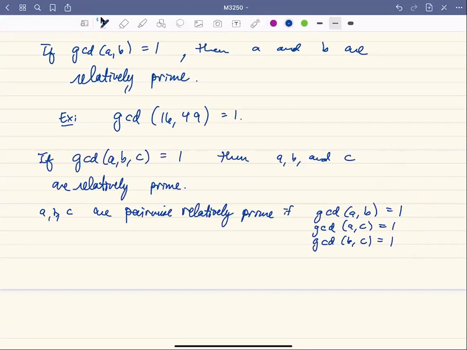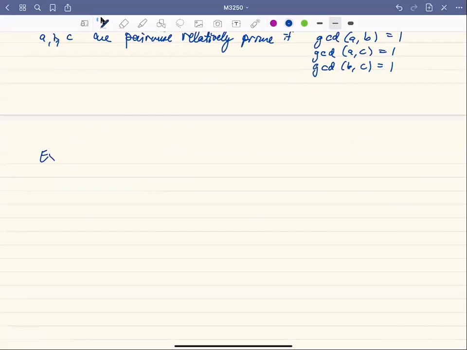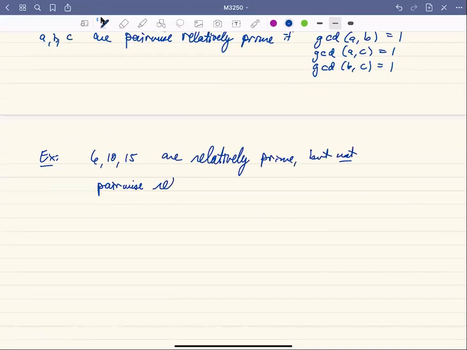For example, notice that if you were to have 6, 10, and 15, these are integers that are relatively prime. There's no prime that divides 6, 10, and 15 all at once. They're relatively prime, but not pairwise relatively prime, because if you look at, say, the GCD of the first 2, that already breaks it.